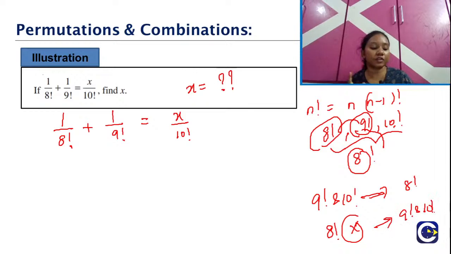So our first thing to do here is to convert the 9 and 10 factorials in terms of 8 factorial. That will be our first step. Now you have an idea how to start, so you can give it a try and let me know the answer.